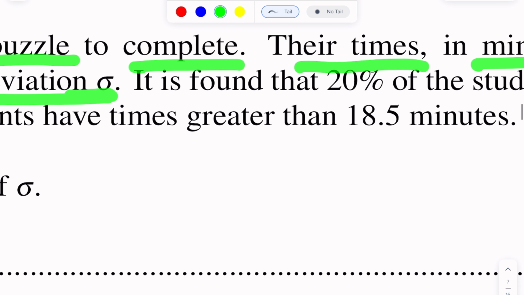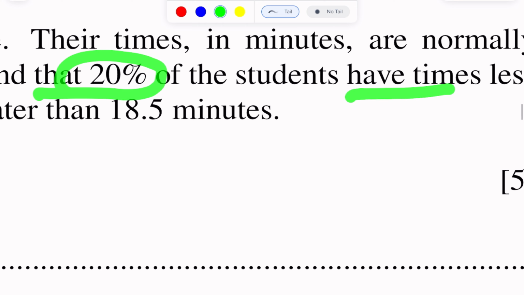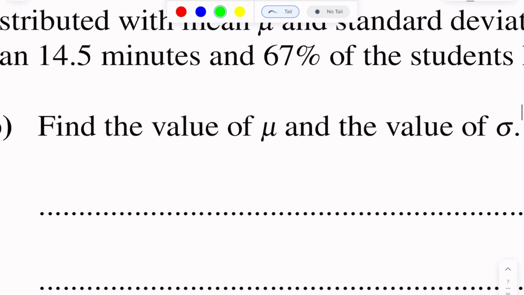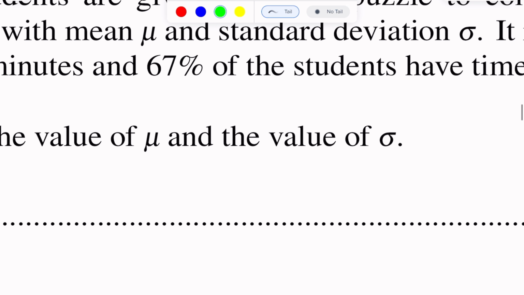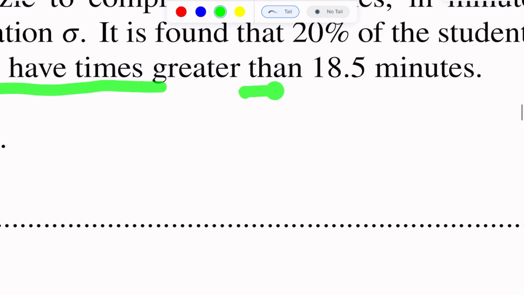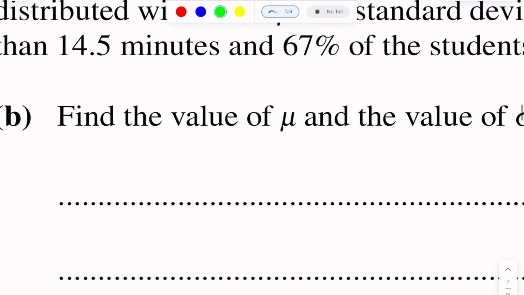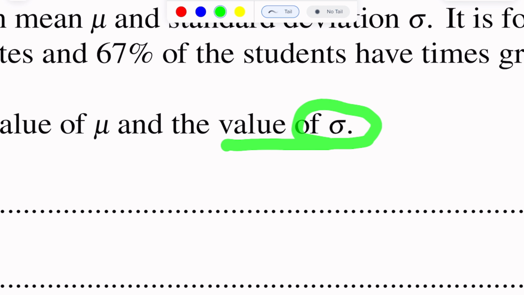It is found that 20% of the students have times less than 14.5 minutes and 67% of the students have times greater than 18.5 minutes. Find the value of mu and the value of sigma. Mu is the mean, sigma is the standard deviation.